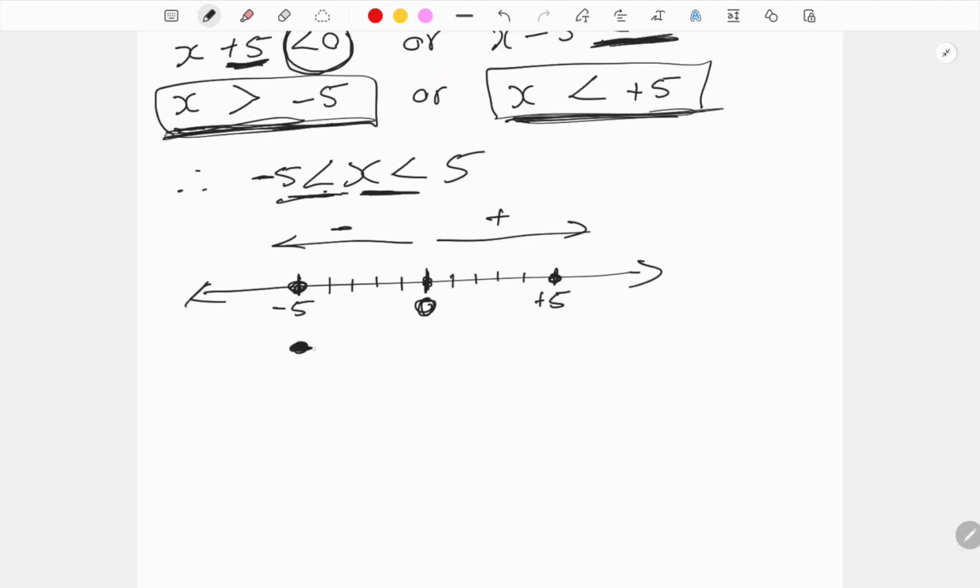So you can have any number from 4.99, let's say, because they're not saying anything about 5, going all the way to 5. This is how you represent your answer, or this is how you present or draw your answer on the number line.